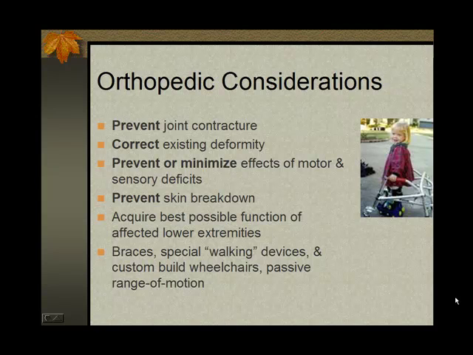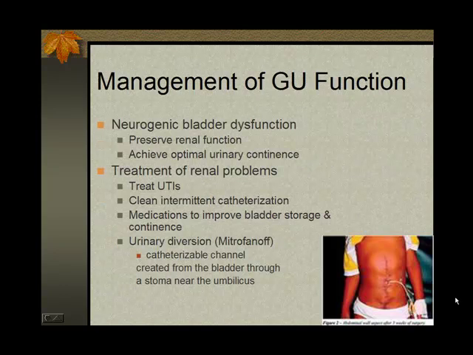what in rehab they come up with all sorts of creative ways to get these kids mobile. Now, I said this is a common cause, or commonly these kids will have a neurogenic bladder, so they can't really control their urinary function.